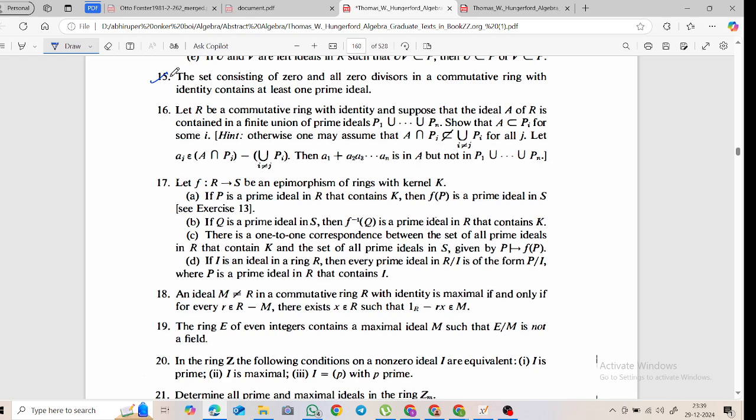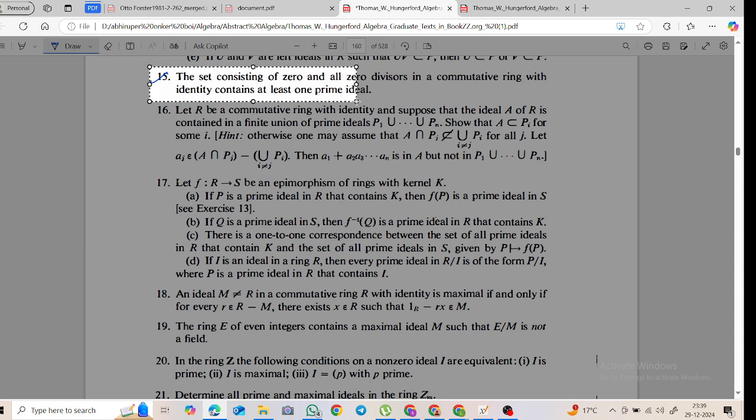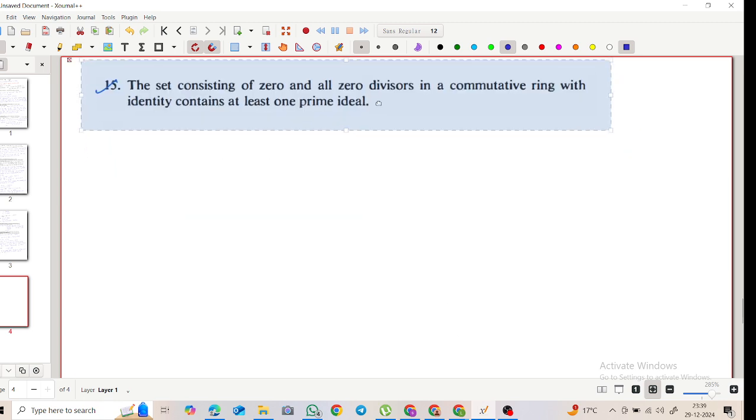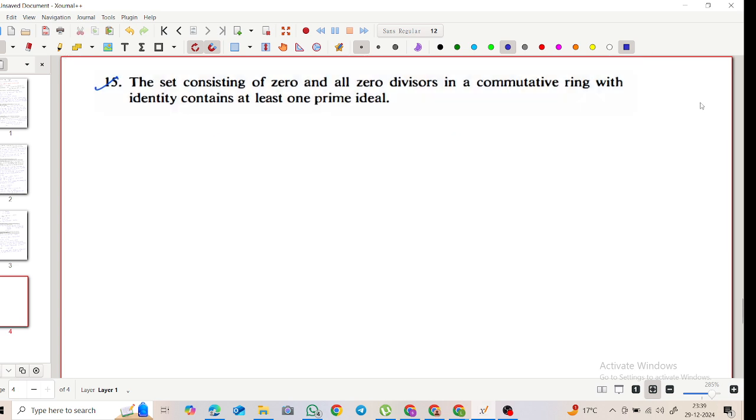Okay, so there is a way to do it. So observe that, say R is the ring and Z is the set of all zero divisors.